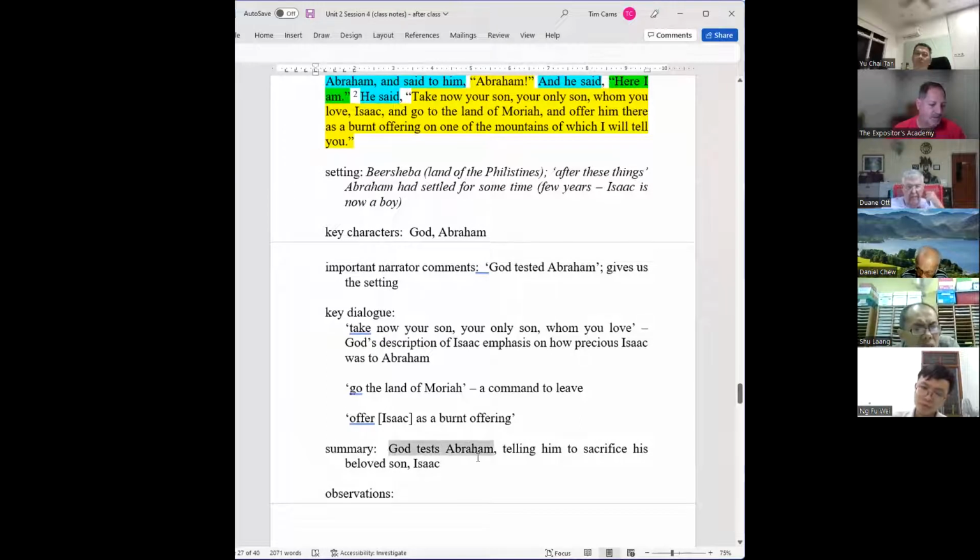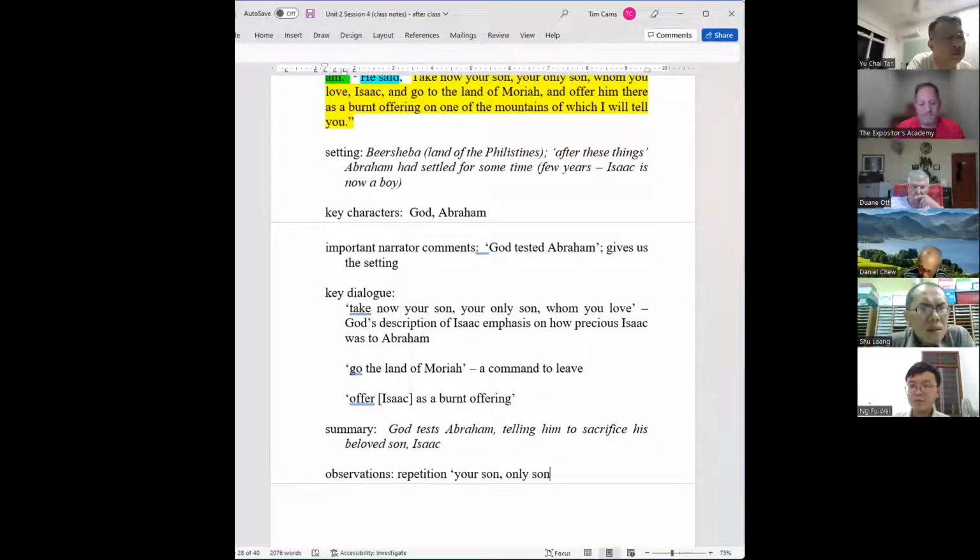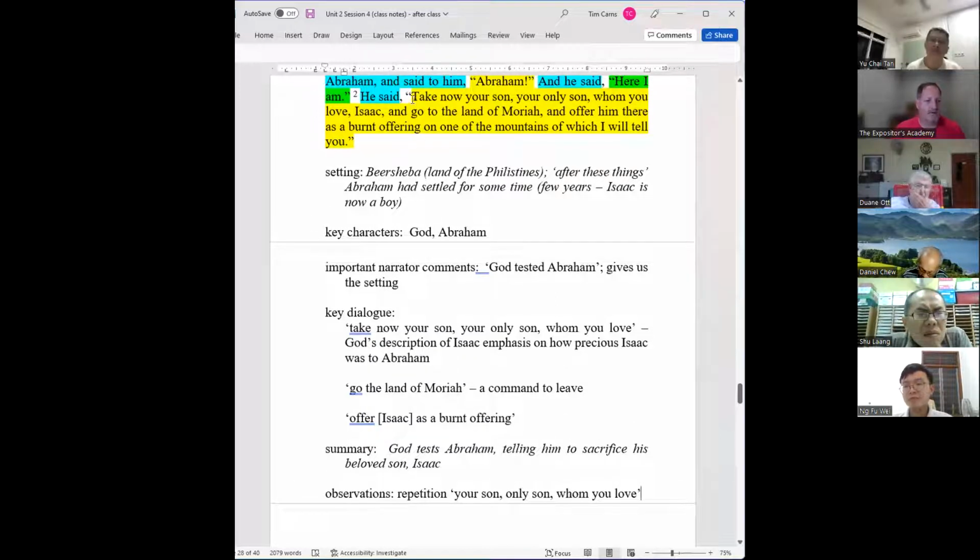So this is just how I would summarize it myself. And then observations is just anything that strikes your attention. I think the repetition here that Yu Chai pointed out, when God said, "your son, your only son, whom you love," that sticks out here.